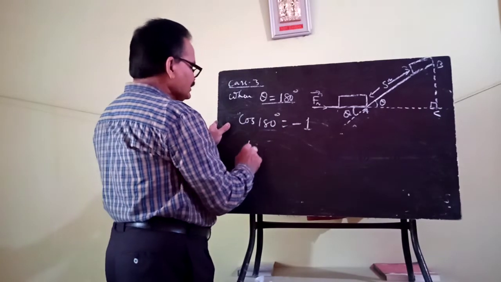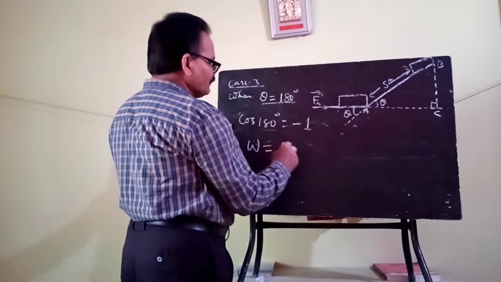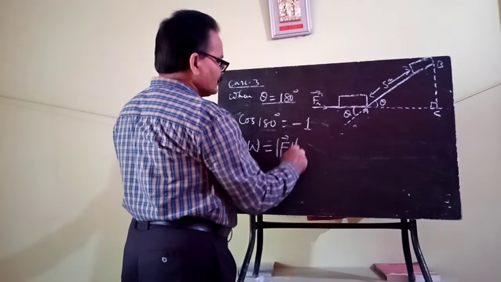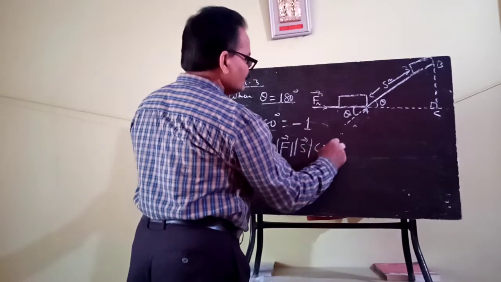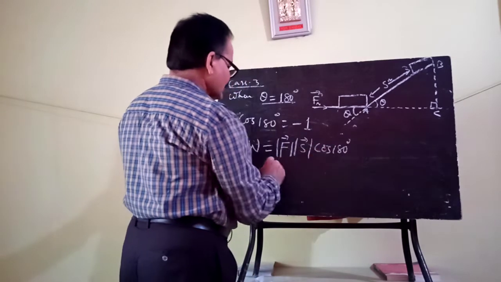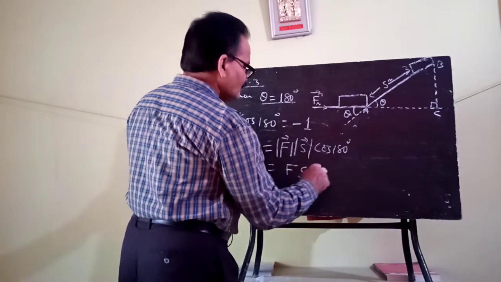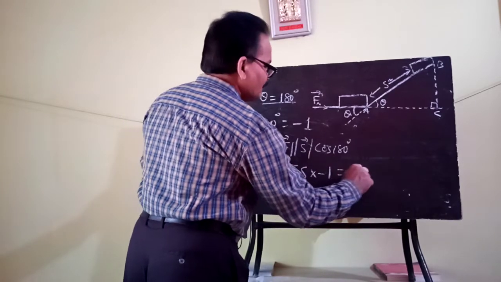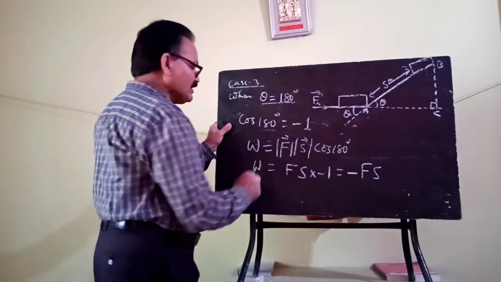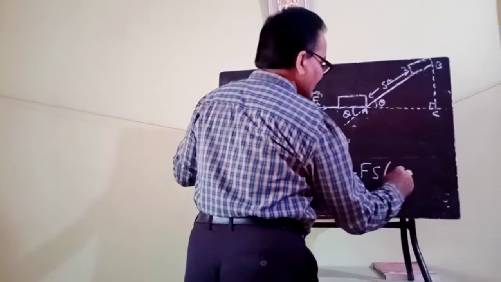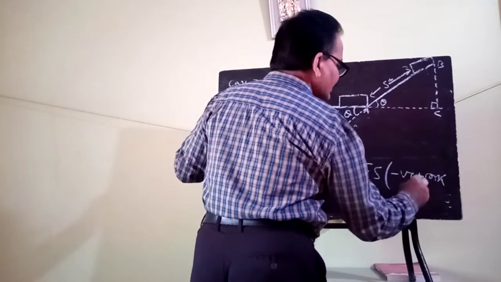So that means the amount of work done W equals magnitude of force, magnitude of displacement, and cos 180 degrees, which is Fs into minus 1, that will be minus Fs. Okay, so that means negative work is done.